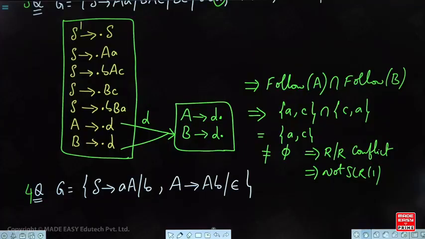Ayushi Pandir, in S goes to dot A, that is capital A, boss, a non-terminal never gives you a shift conflict. The shift symbol must be a terminal, and one final item.